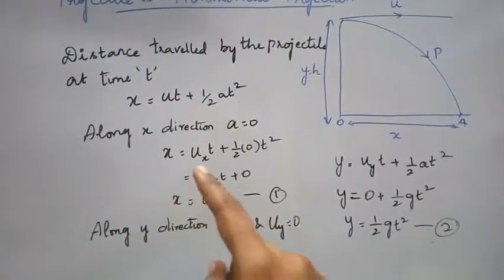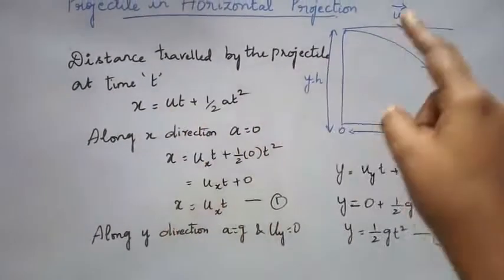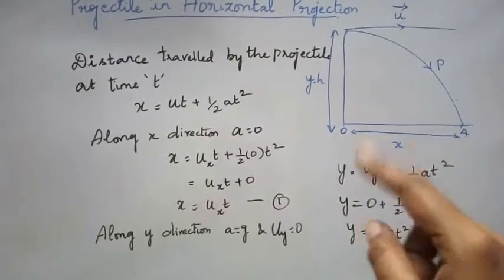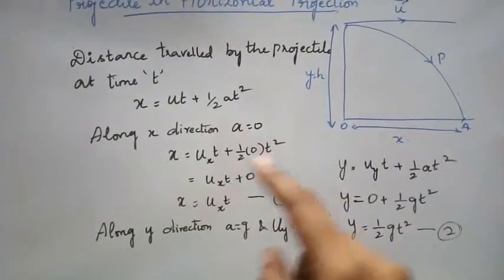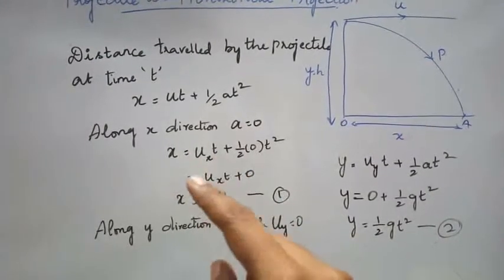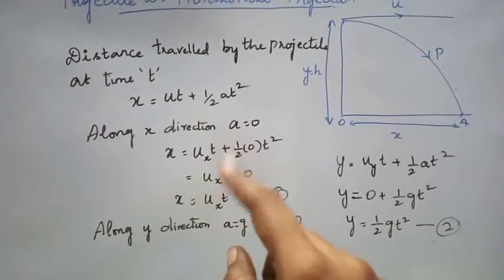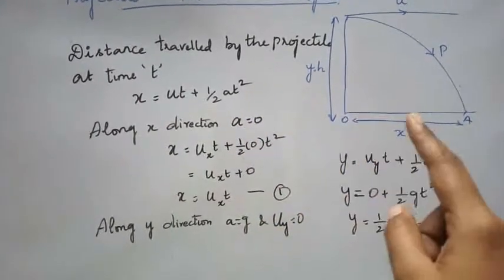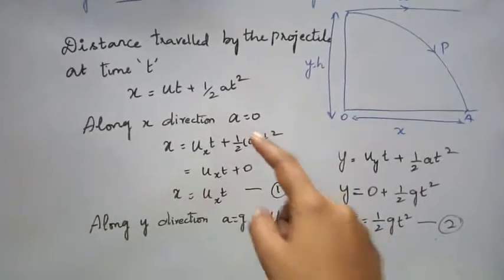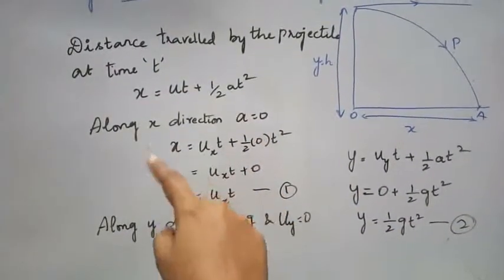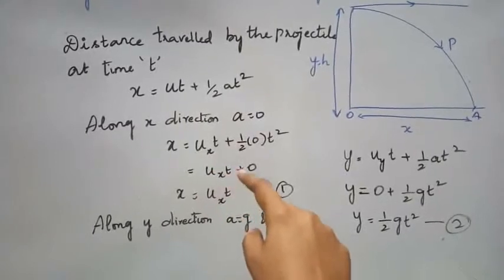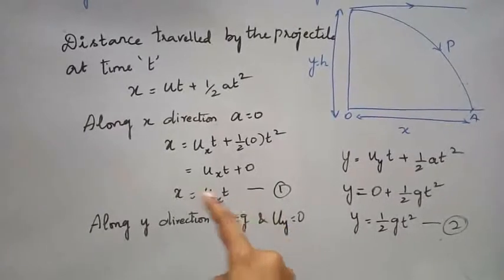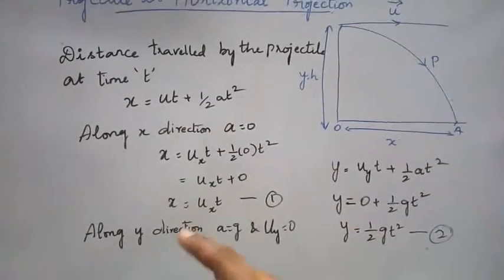You get x is equal to ux into t plus half into 0 into t square, since initial velocity along the x direction is ux. Anything into 0, the whole term becomes 0. So x is equal to uxt plus 0, which is simply x is equal to uxt. This is the displacement along the x direction.